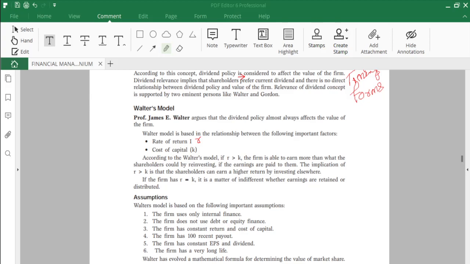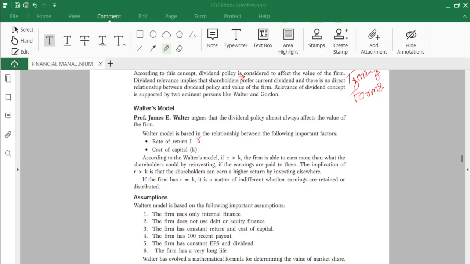The firm has constant return and cost of capital. It has a 100% payout. The firm has constant earnings per share and dividend, and the firm has a long or infinite life.